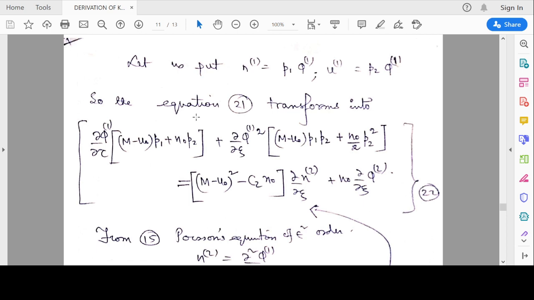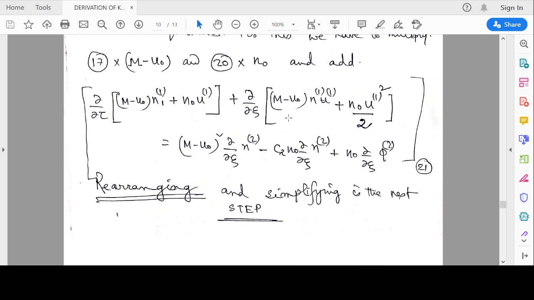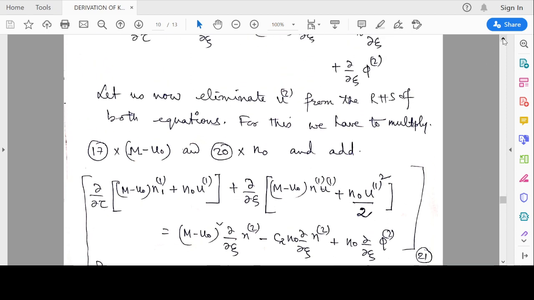Now while you write it, I have made some simplifications. Del phi 1 del tau with this quantity. Del phi, there were two terms, you see. Here there was n1 u1 and u1 square. We have just made it divided by 2, because there was this term. Let me check here.